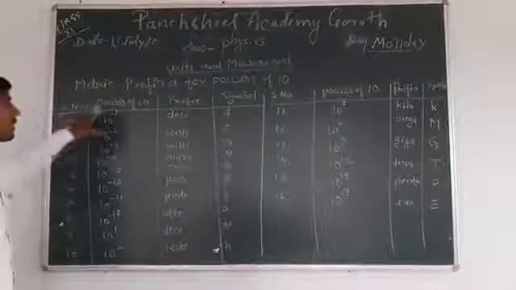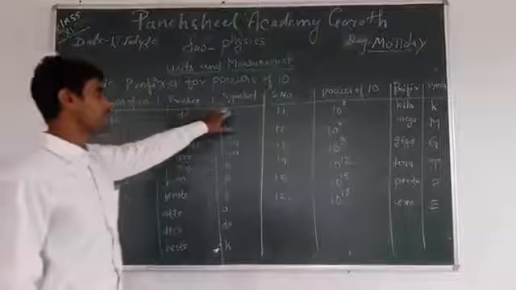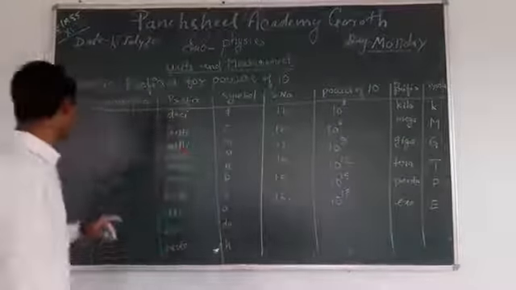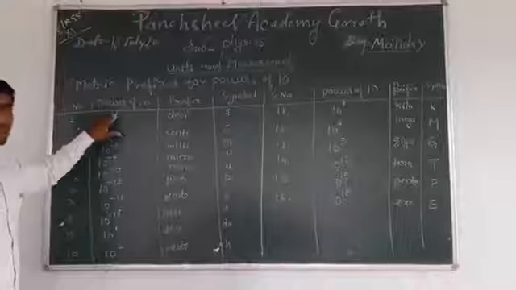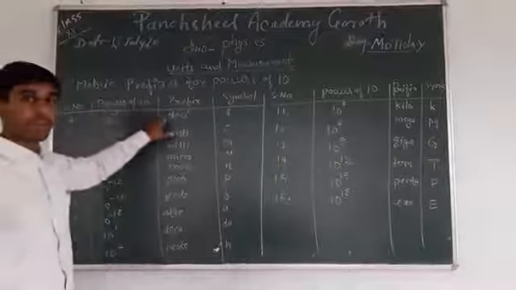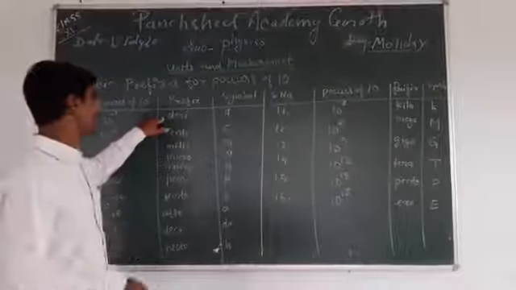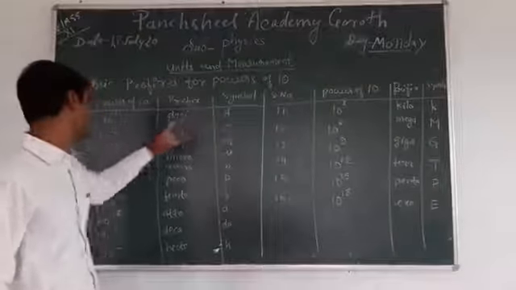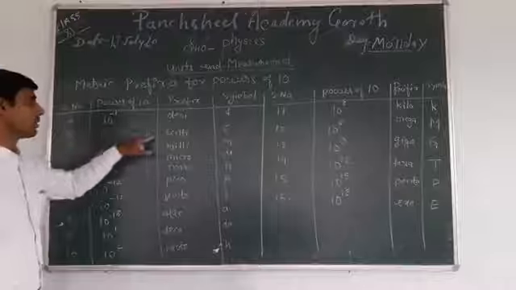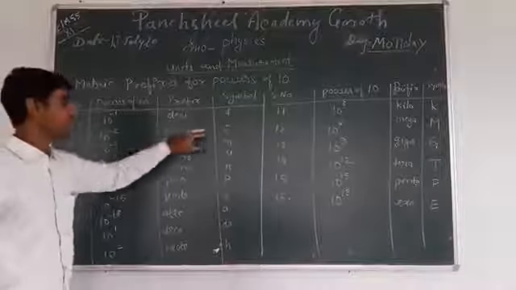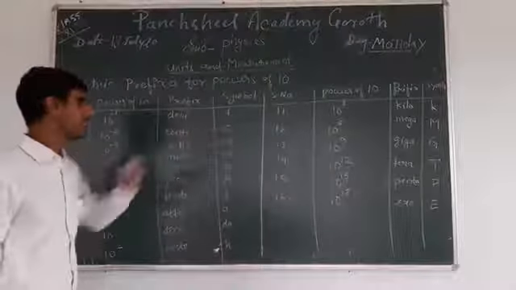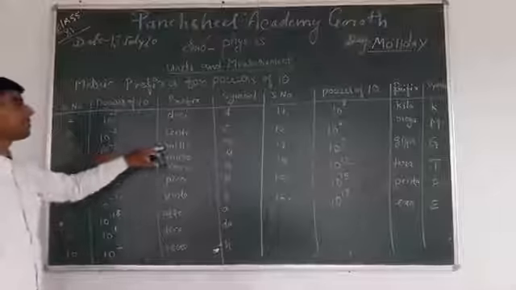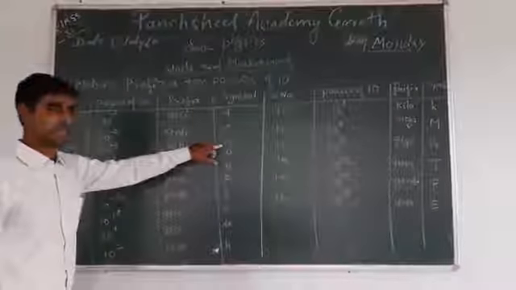First, remember the power of 10, the prefix and their symbol. Suppose 10 to the power minus 1, what is the prefix used in measurement? Deci, symbol small d. 10 to the power minus 2 is called centi, small c. 10 to the power minus 3 is milli, symbol m.